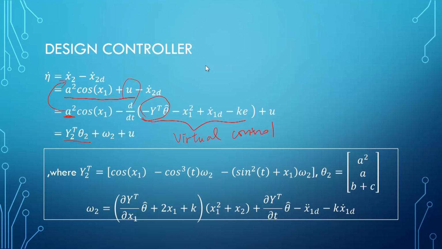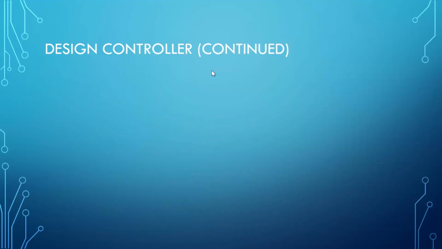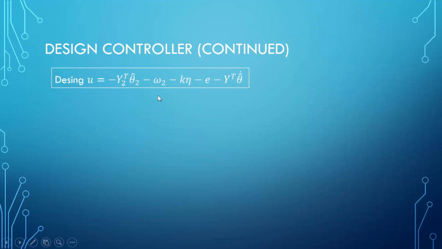Now you can design control input u. U is designed as this, which is a bit complicated because you have Y2 transpose theta 2 hat and Y transpose theta hat dot and some nonlinear terms, cross terms, feedback terms.